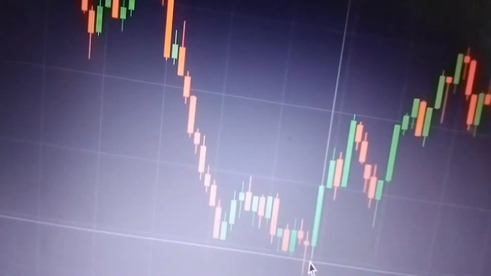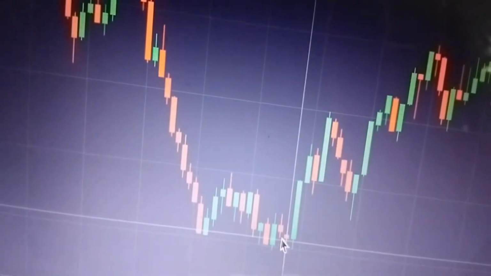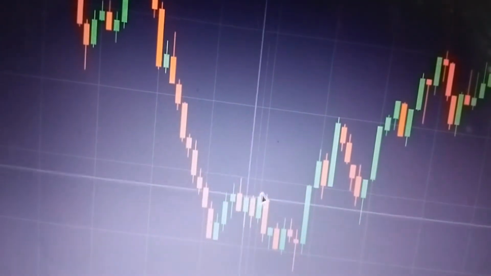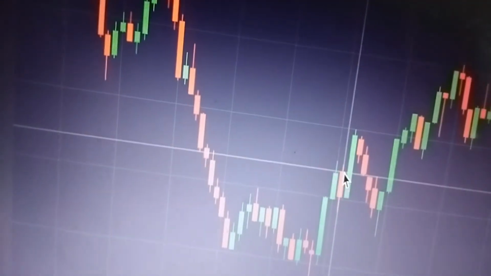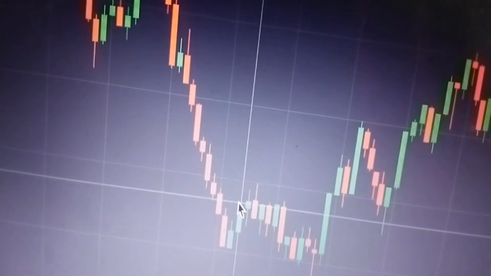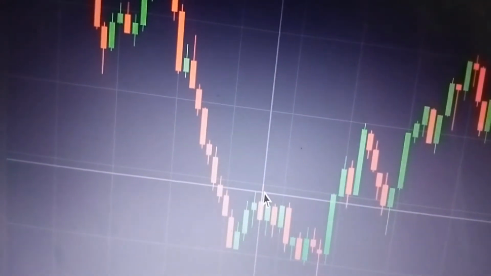Okay, so inside of that structure, as you can see, we had a swing high here, broken, another swing high here, broken, another swing high here, the last one broken. Finally price came down, supported what? Supported this down close candle.